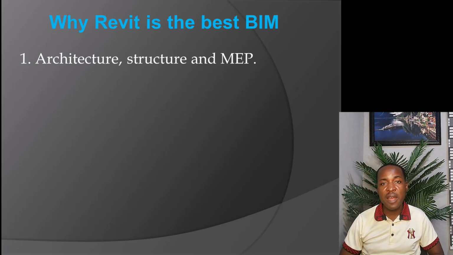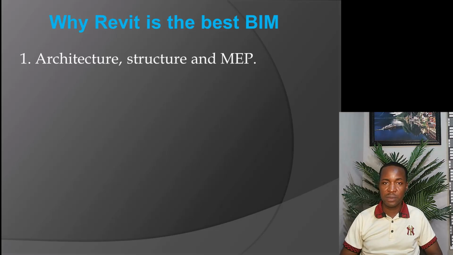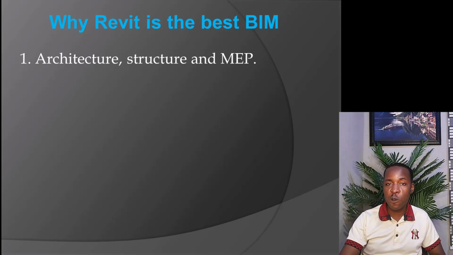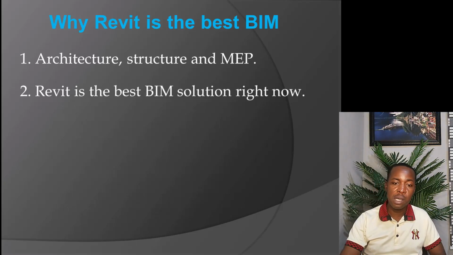But in Revit, we have architecture, structure, mechanical, electrical, and plumbing in the same software. So this is why Revit is the best BIM software in the world as at the time of creating this video.